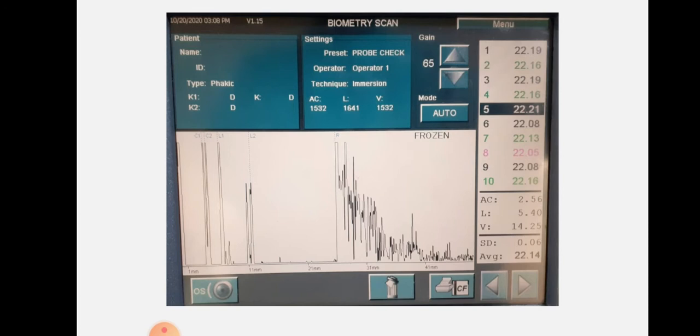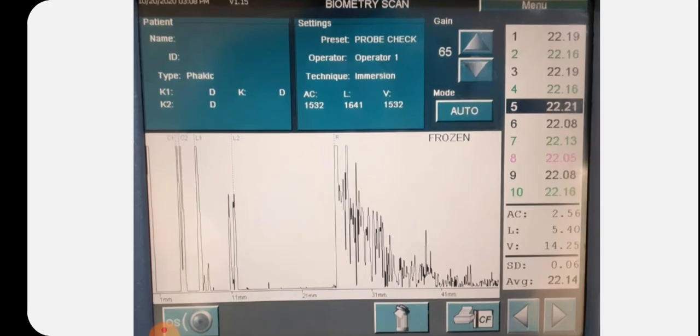The sound beam needs to travel through all the ocular structures at first, and after that it gets returned, and then only the spike will be displayed. The sound wave is traveling twice the distance, so it is divided by 2, and after that we get the axial length. All these calculations are done automatically in the A-scan machine.